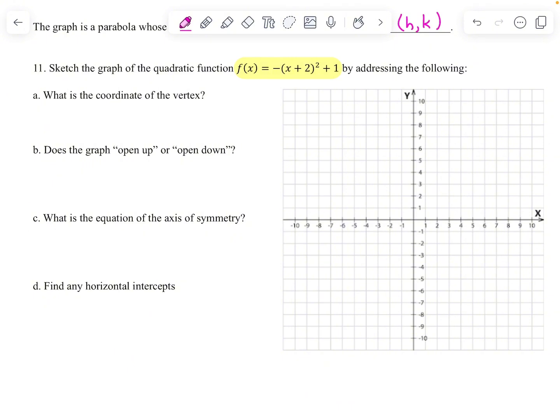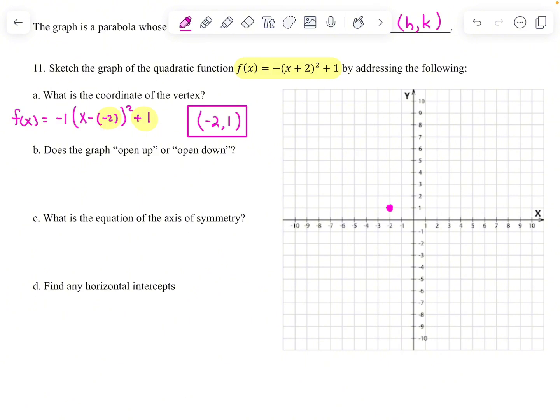I'm going to start by finding the vertex. f of x can be rewritten as -1 times the quantity x minus -2 all squared plus 1. So the vertex is going to be (-2, 1). And I'm going to place a coordinate on the grid at (-2, 1).